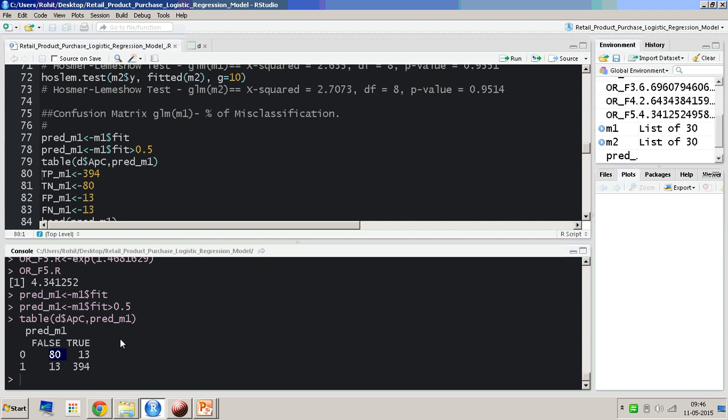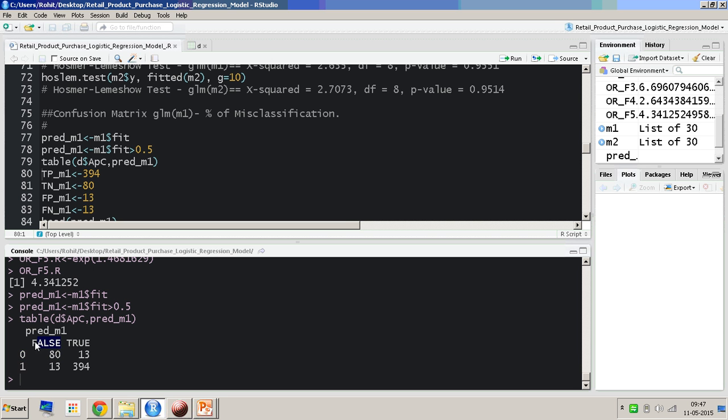So 80 values of zeros have been predicted, and what you see on the left side denotes, let's say, the actual zeros. So for false, how many times did our model predict a zero? That is 80 times, whereas in reality also there were 80 zeros.